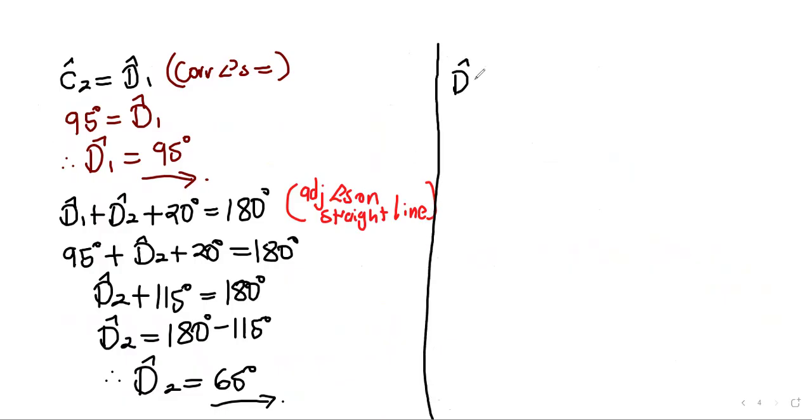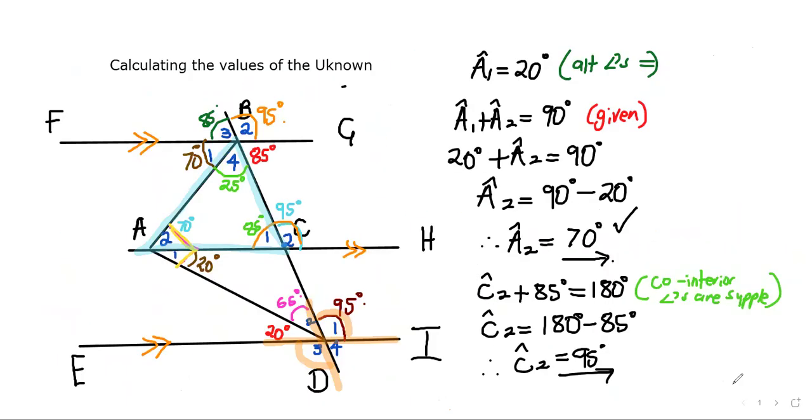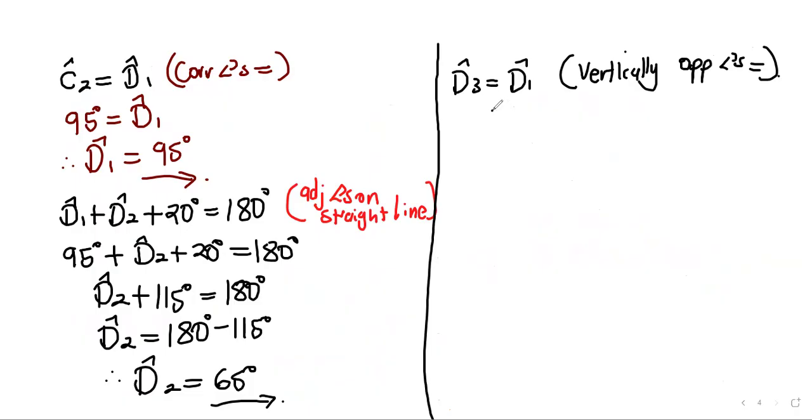So angle D3 is equal to angle D1. That will be vertically opposite angles equal. And then our D1 is 95. So in the place of D1, we're going to put 95 degrees. So this one will be D3.